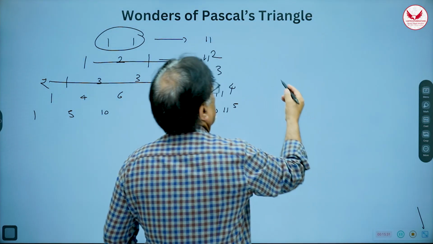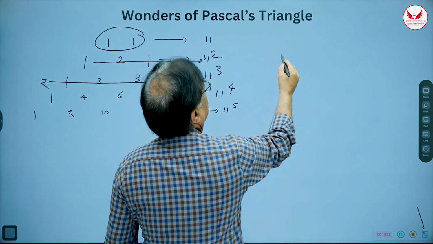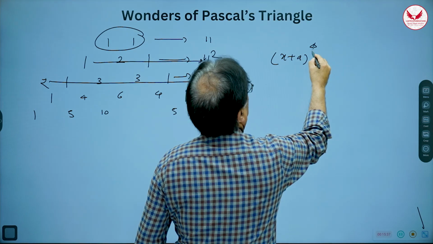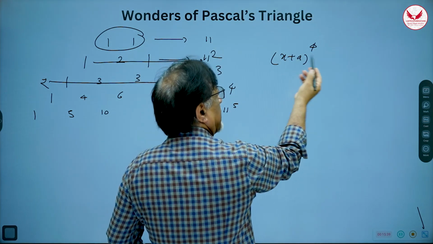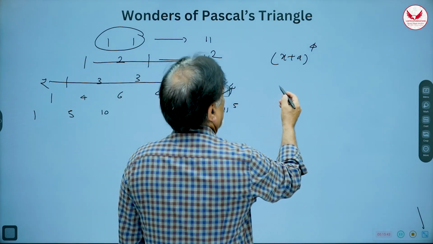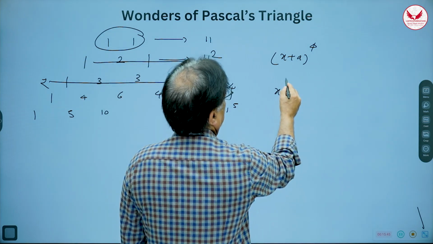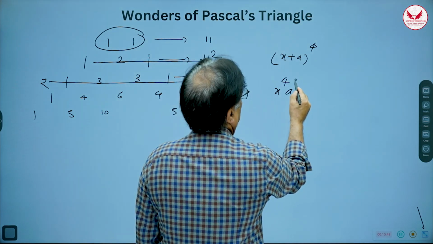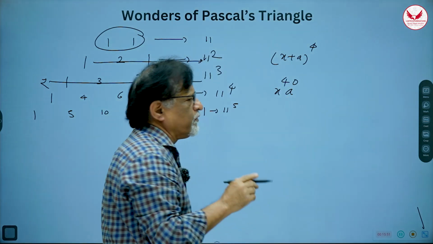So now let us talk about the fourth power of x plus a. If I want to find out the fourth power of x plus a, by now you must have guessed that every term can be written like this. First term is x raised to 4. Of course, there is a, but a raised to what? 0. So 4 plus 0 is equal to 4.